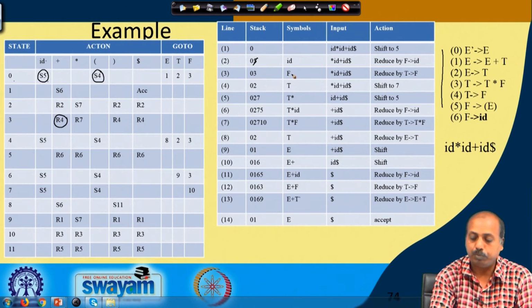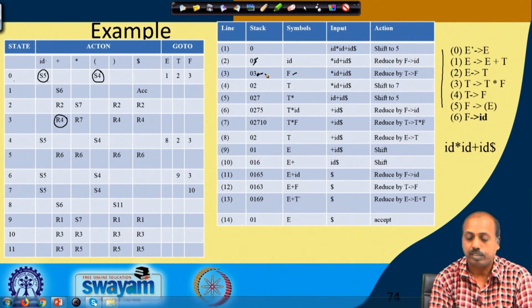This F is put into the stack, and this 3 is put into the stack. So, F is remembered as the symbol, and 3 is the state on the stack.